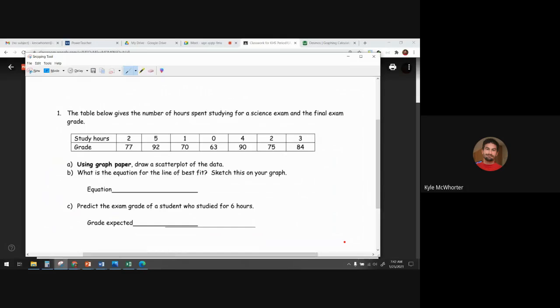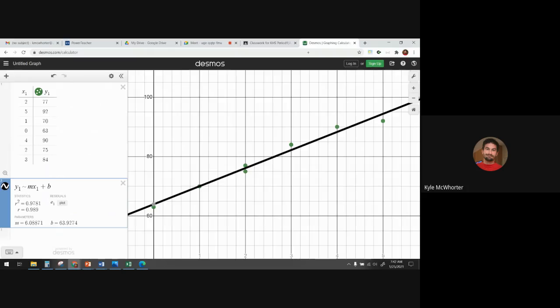Okay, so we need to write down the equation of the line of fit. We come back here, our slope was 6, I'll just round it to 6.09, and our y-intercept is 63.93.